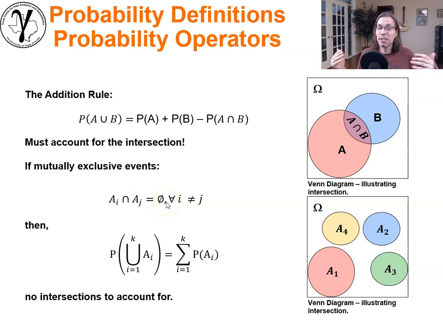They're mutually exclusive. They never overlap each other. In that case, we use Kolmogorov's third axiom, which was in the previous lecture. And you'll remember, we can simply sum the probabilities because they're mutually exclusive to each other. There are no intersections, no double counting to account for.